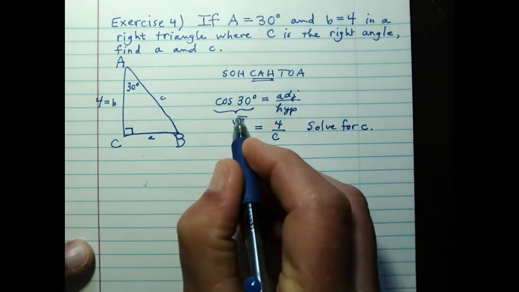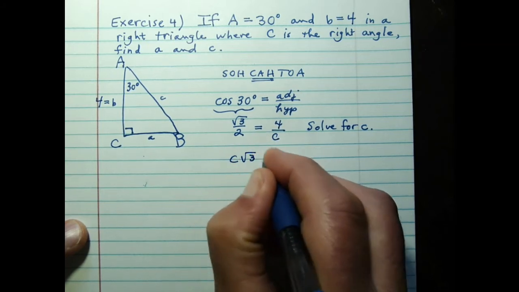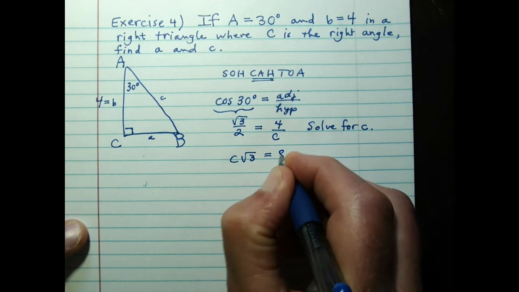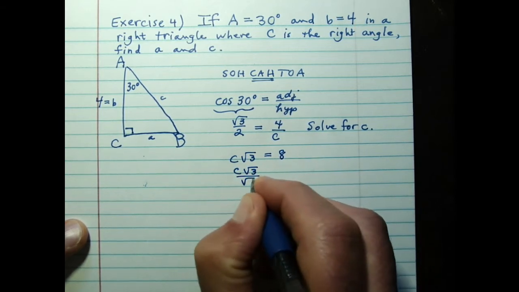And there are different ways you could solve. One way is to cross multiply. C times the square root of 3 is 2 times 4, which is 8. And then divide both sides by square root of 3.